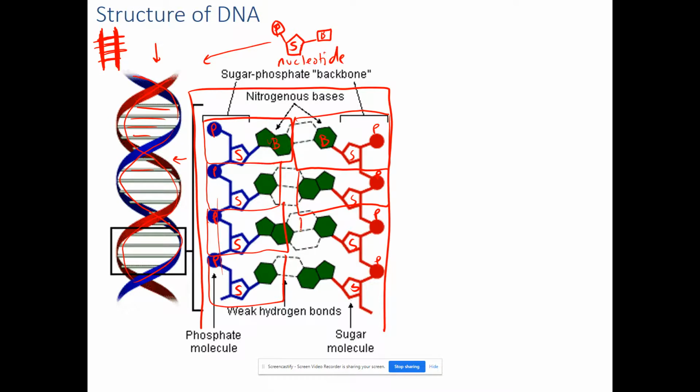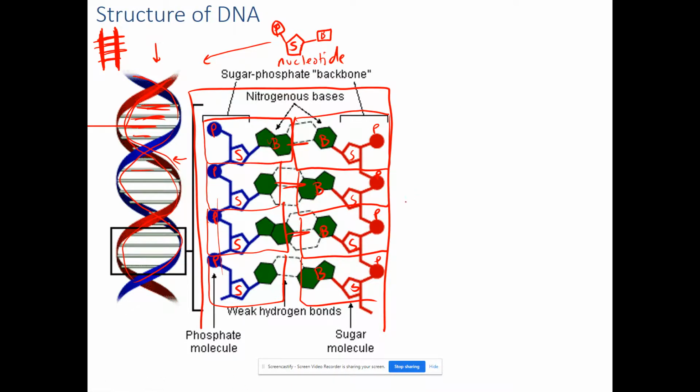Oh, sorry, this is really messy. But so we have 4 more nucleotides, and the phosphate and the sugars make up the red strand, the rung of the ladder, and then the base connects in the middle, and those make up the rails, okay? So hopefully we got that.